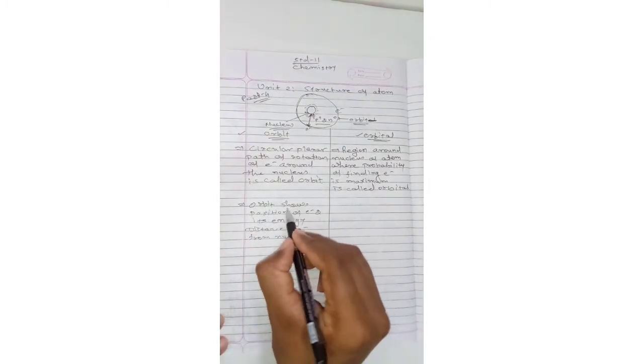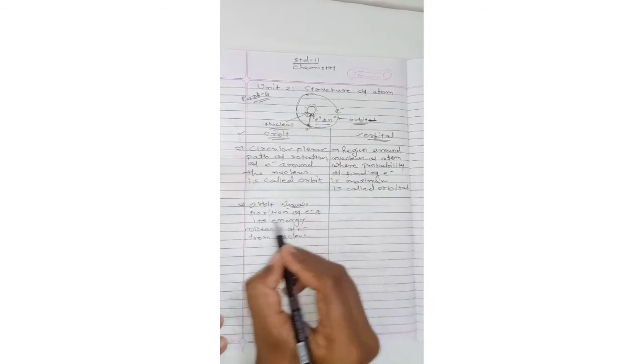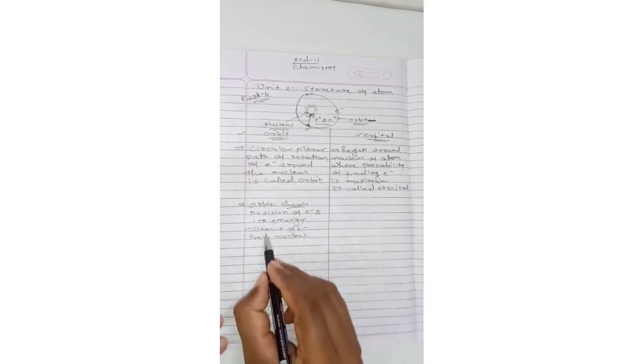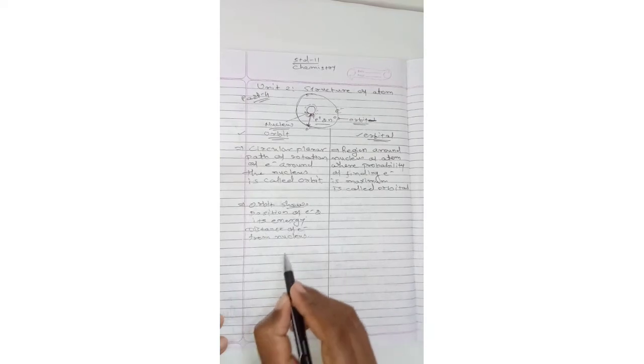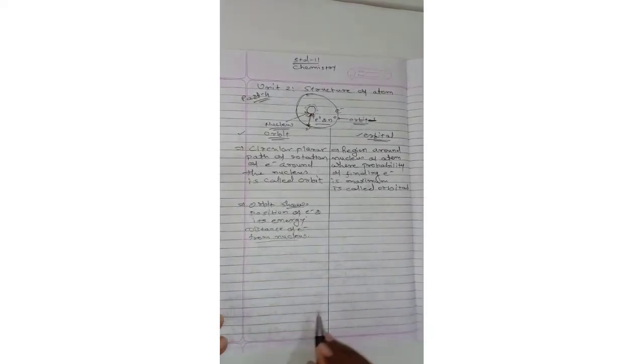Orbit shows the position of the electron and its energy and the distance of the electron from the nucleus.